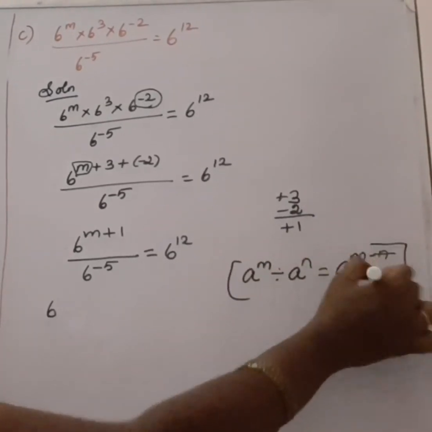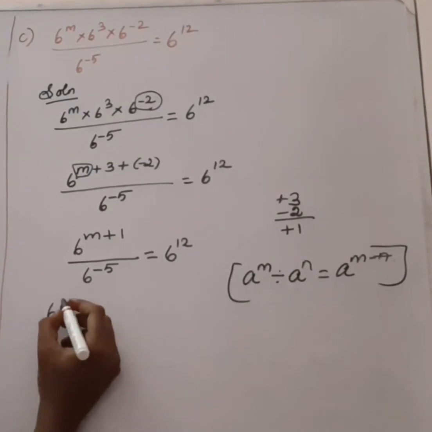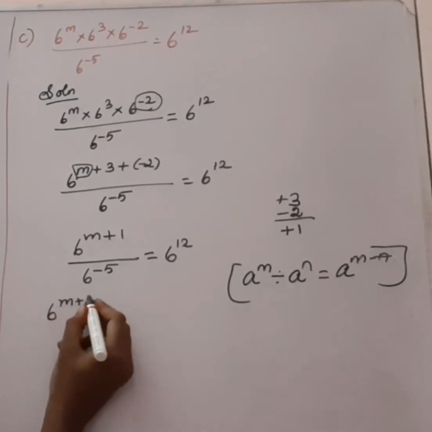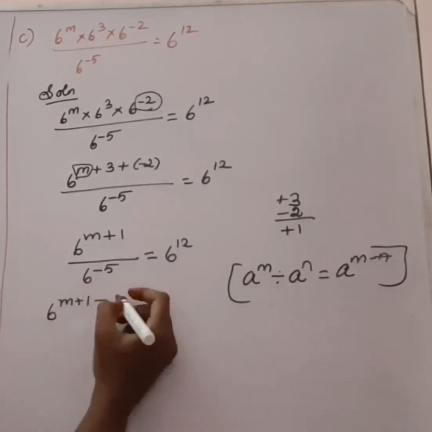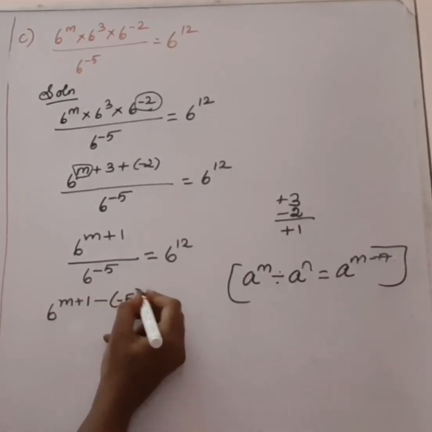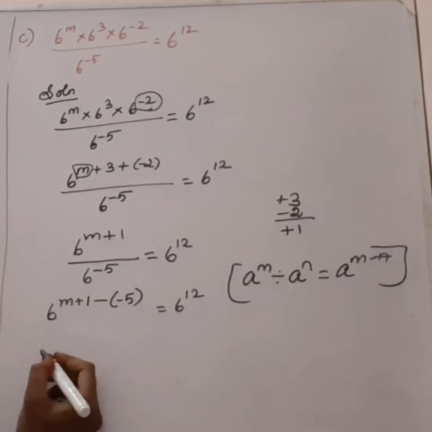So apply it over here. 6 power m value is m plus 1 minus, and n value is minus 5, equal to 6 power 12.